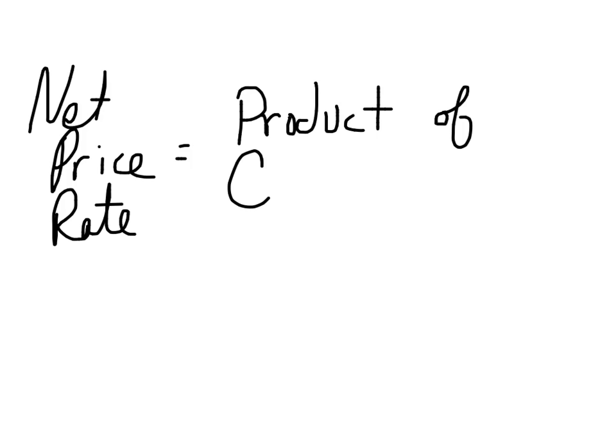So the formula for that first one is you take the net price rate equals the product. Does anybody know what the word product means? Besides goods, what does it mean in math? Multiply. Right.